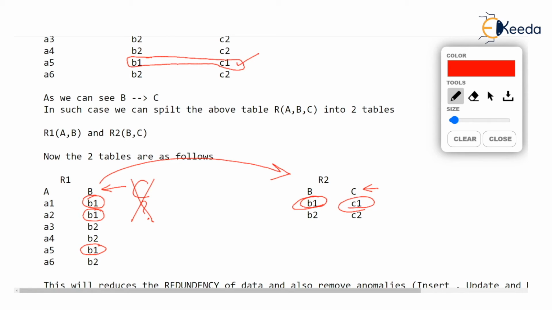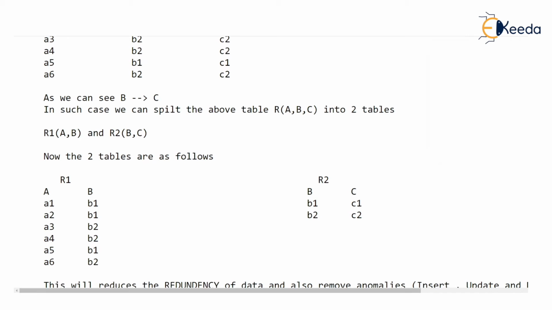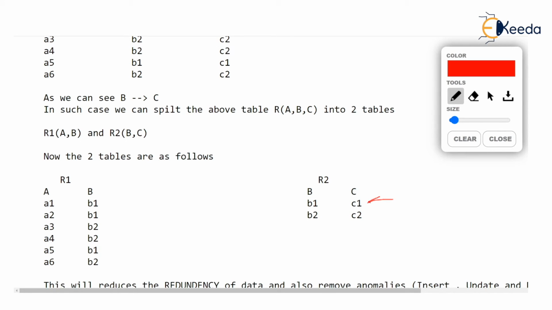So we easily get A is A1, B is B1, and the value of C for this B1 is definitely C1. But the fun part is that we have now not stored that value C1 again and again, isn't it? We have stored that for every B1, the value of C is C1, for every B2, the value of C is C2.